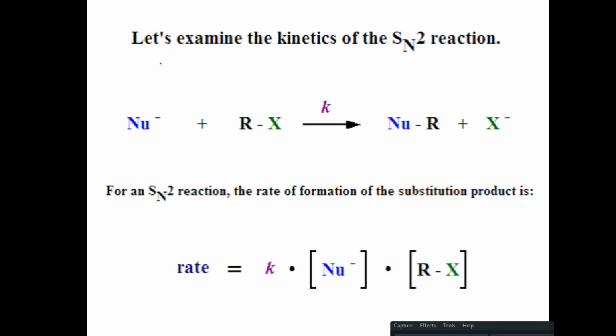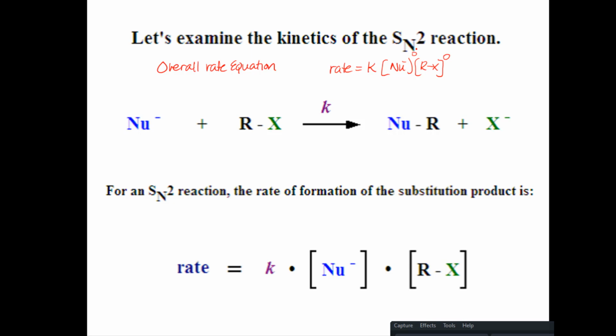But let's talk a little bit about how you determine the overall rate equation of a reaction. And remember, the overall rate equation is going to say that the rate of the reaction is equal to some rate constant times the concentration of the reactants raised to some power.